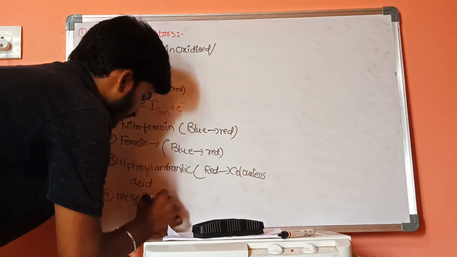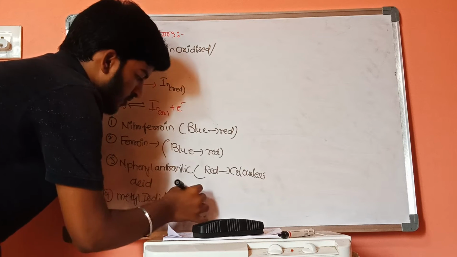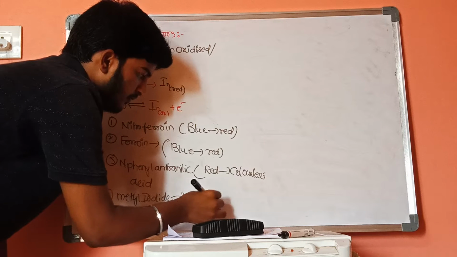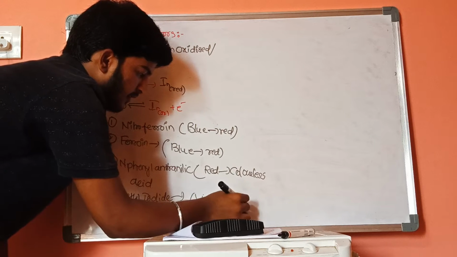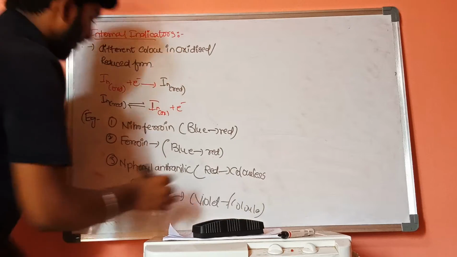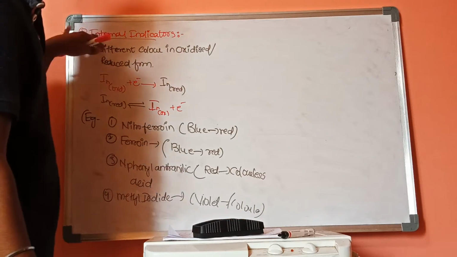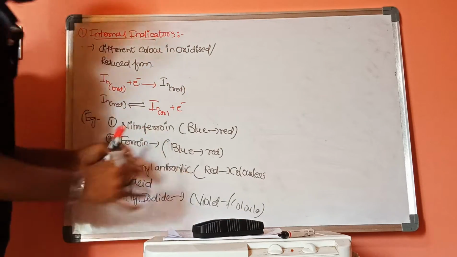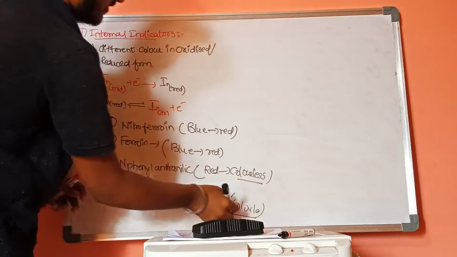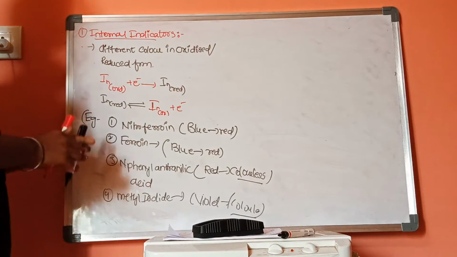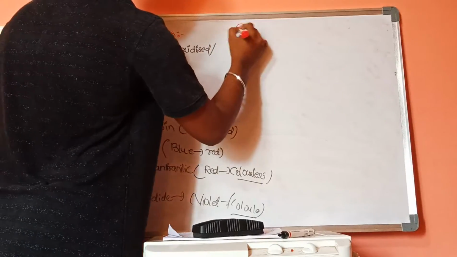It shows violet color to colorless. Now the majority of these internal indicators in reduced form will show colorless. This is internal indicators. Now coming to the self indicators.